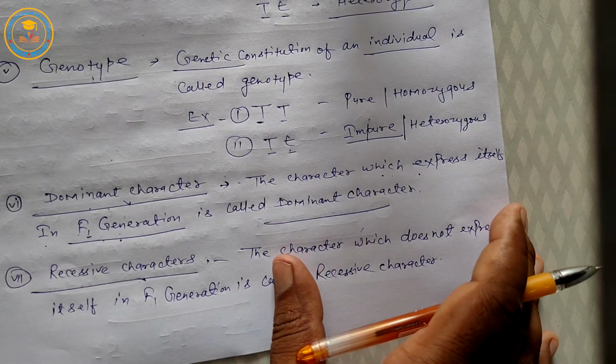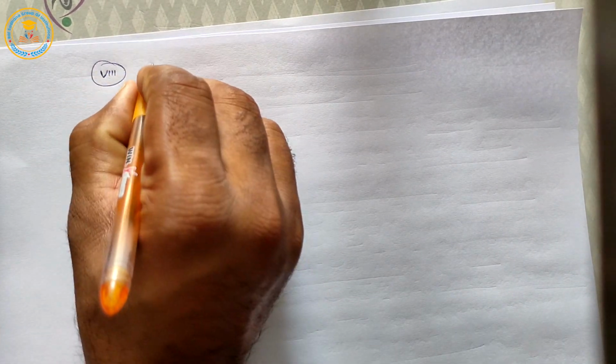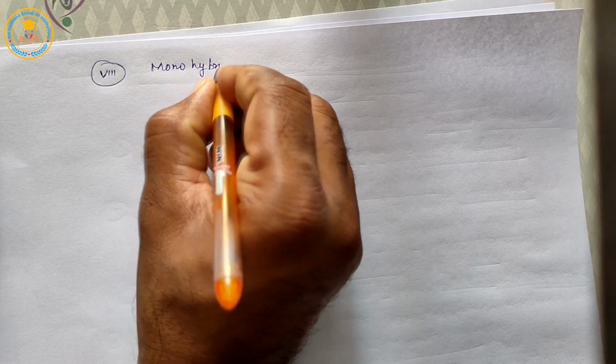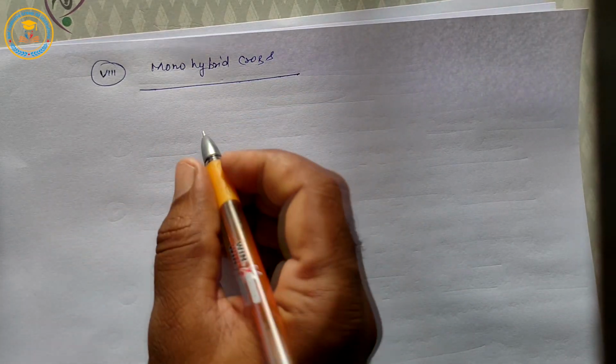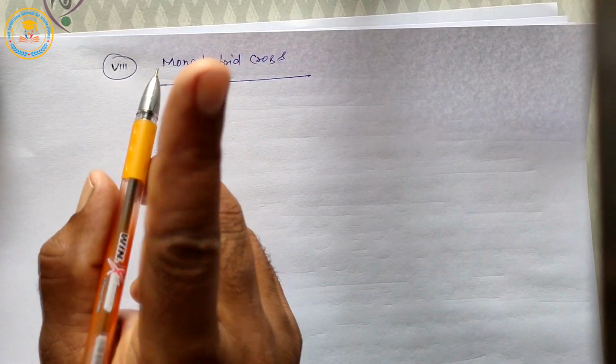Next specific terminology is monohybrid cross, dihybrid cross, trihybrid cross. Next, monohybrid cross. Students, remember, mono means single, means one.